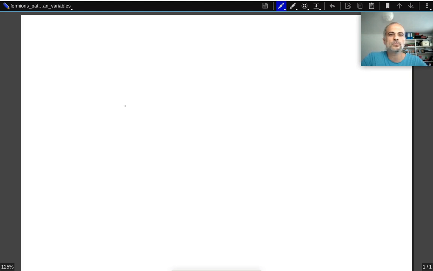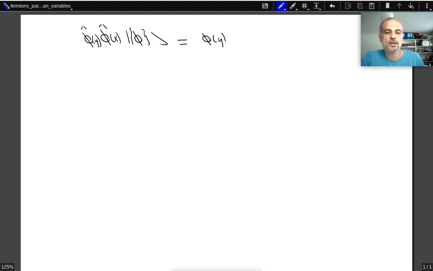Now, one problem we will be having when we are dealing with the path integral of the fermionic fields is that when we were deriving the path integral, we defined states, let's just call them phi, such that when we acted on these states by our fields, let me just put the dagger over our fields to denote that they are actually operators, this is actually equal to phi of y, phi of x.